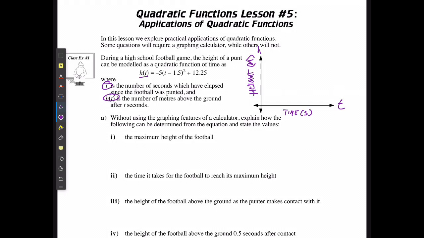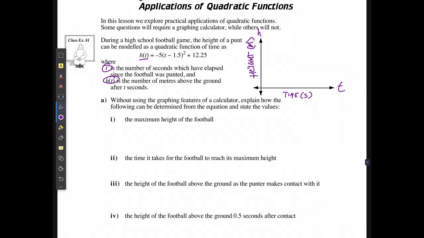Now, without the graphing features on a calculator, explain how we can determine the following from the equation and actually state the values.